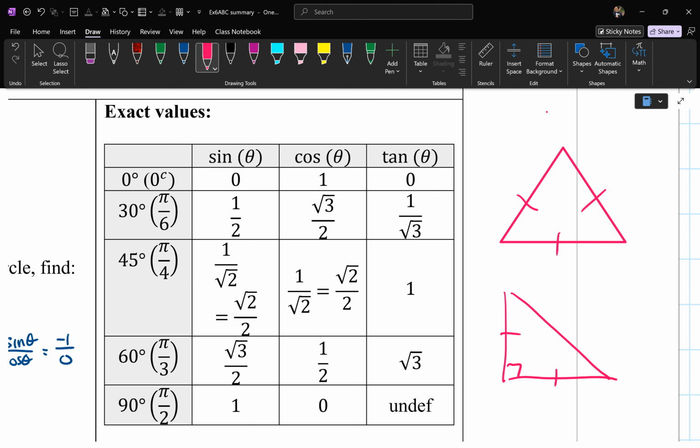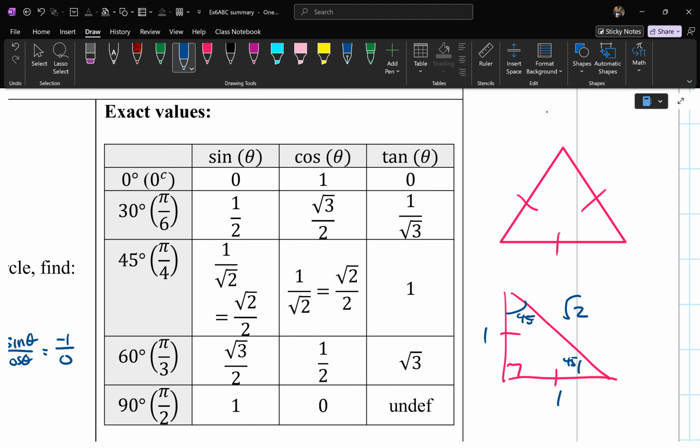So you've got 90 degrees there, then isosceles. If that's 90, this must be 45, 45, length of 1. Using Pythagoras' theorem, 1 squared plus 1 squared, that's √2. Now you can work out sine of 45, cos of 45, and then tan 45 as well.